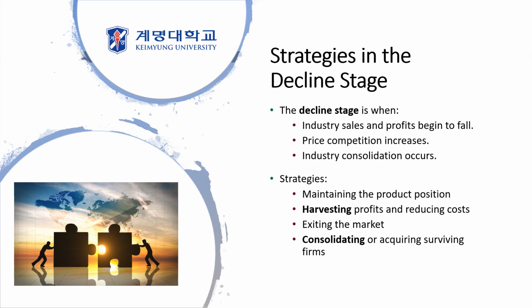Harvesting involves obtaining as much profit as possible and requires that costs in the decline stage be decreased quickly. Exiting involves dropping, or just quitting, the product from a firm's portfolio. Next is consolidating. It involves one firm acquiring the best of the surviving firms in the industry at a reasonable price.